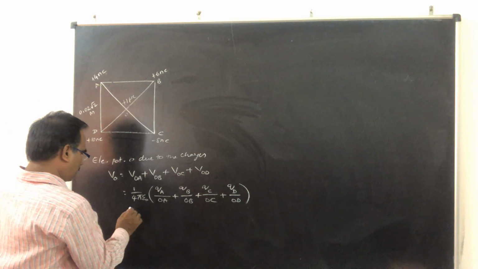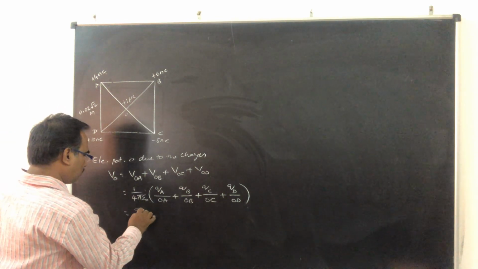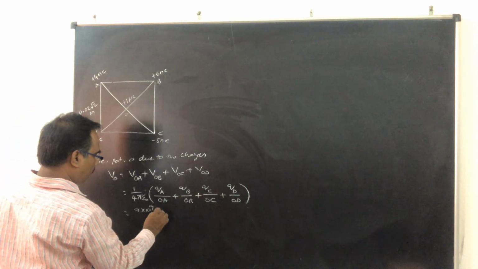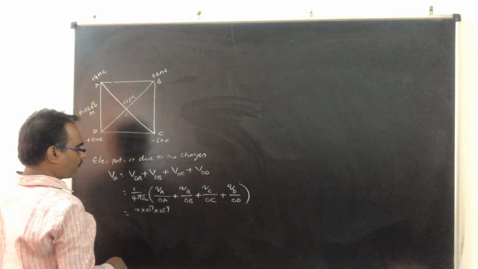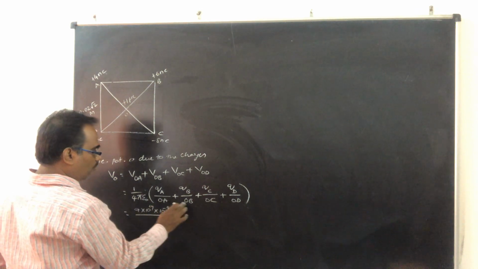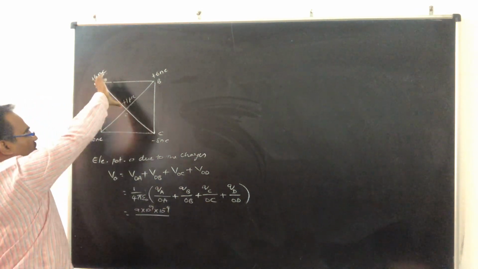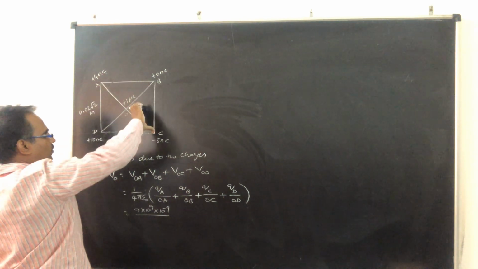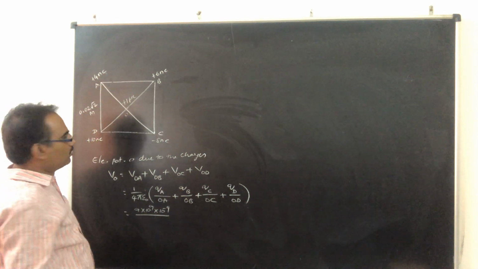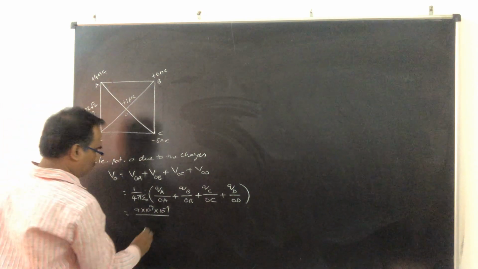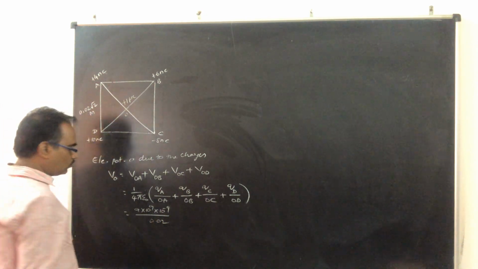So here, this 9 into 10 to the power of 9. All are nanocoulomb charges, so 10 to the power of minus 9 is common. And OA, OB, OC, OD are equal. This distance is equal to this one and this one and this one, all are equal.